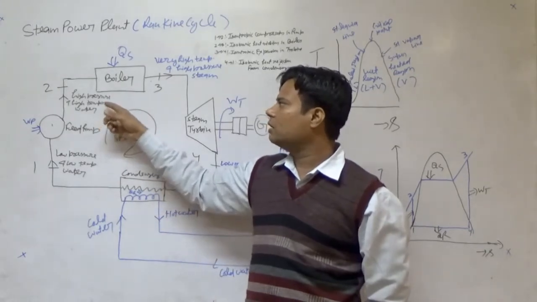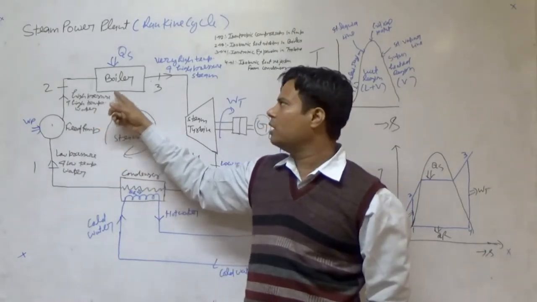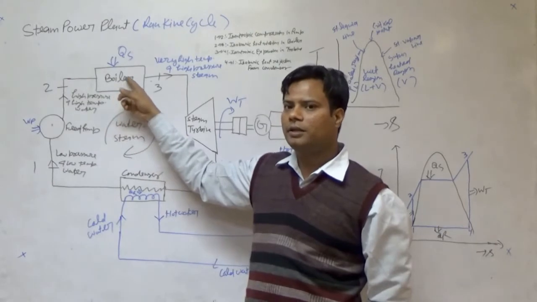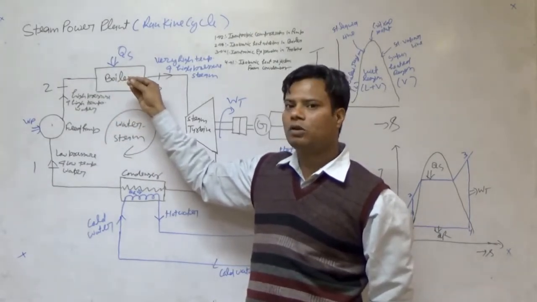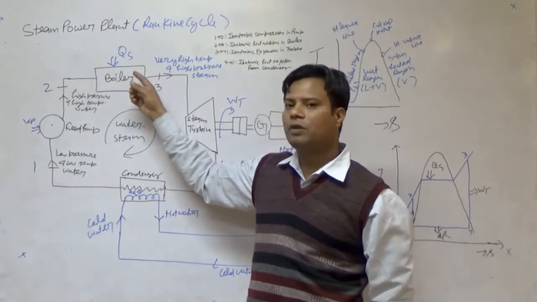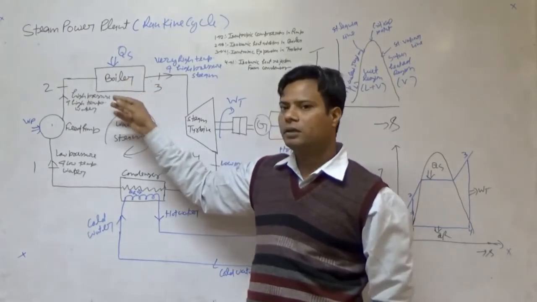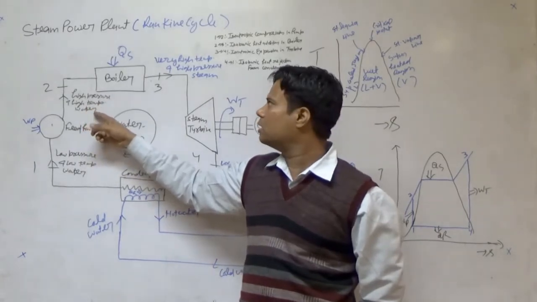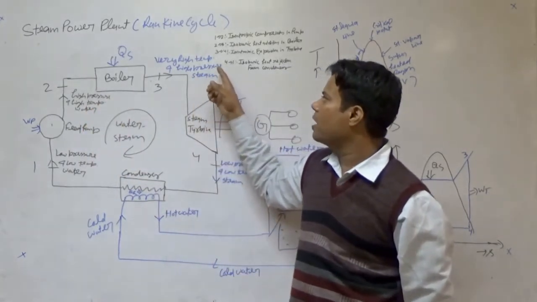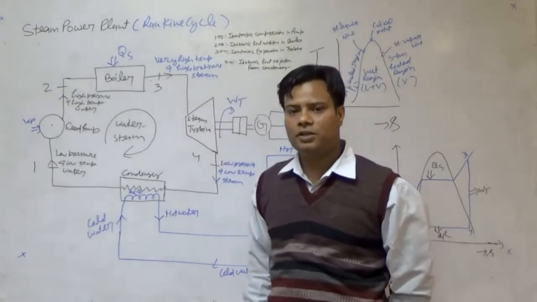Then this high pressure, high temperature water enters the boiler. In this boiler, we burn coal, so a huge amount of heat is supplied from the furnace to the boiler. This high pressure water is converted into very high temperature, high pressure steam.